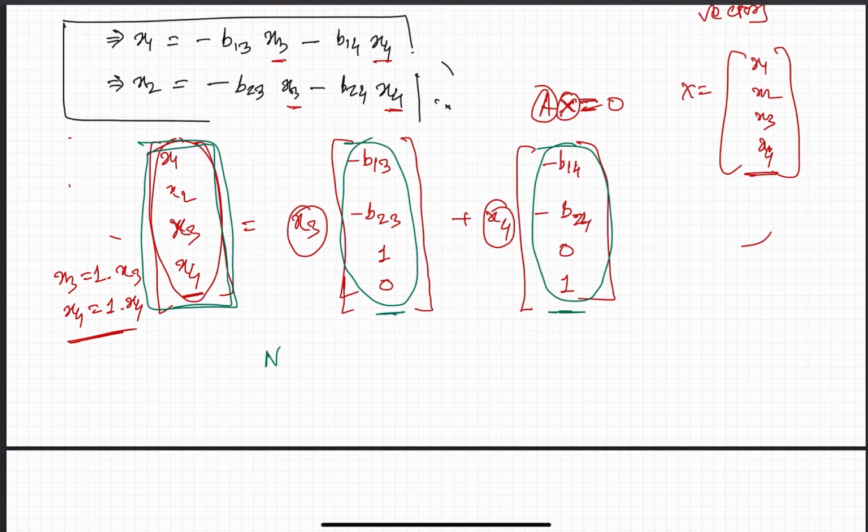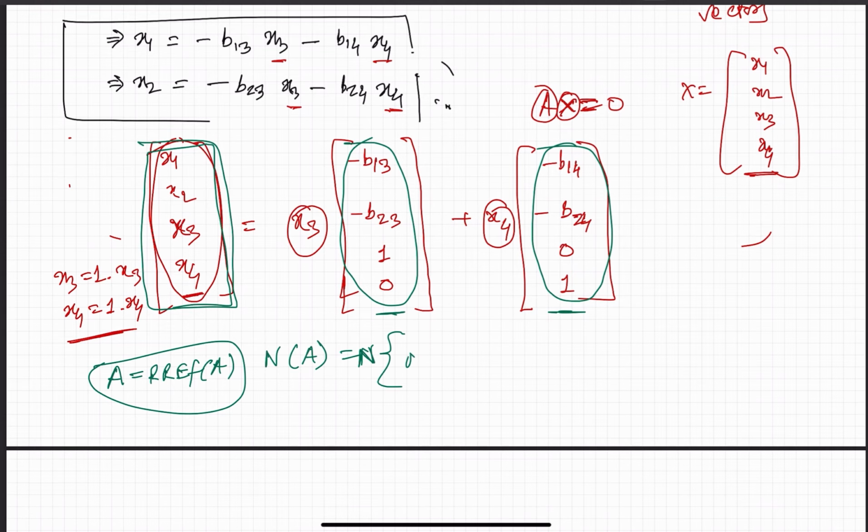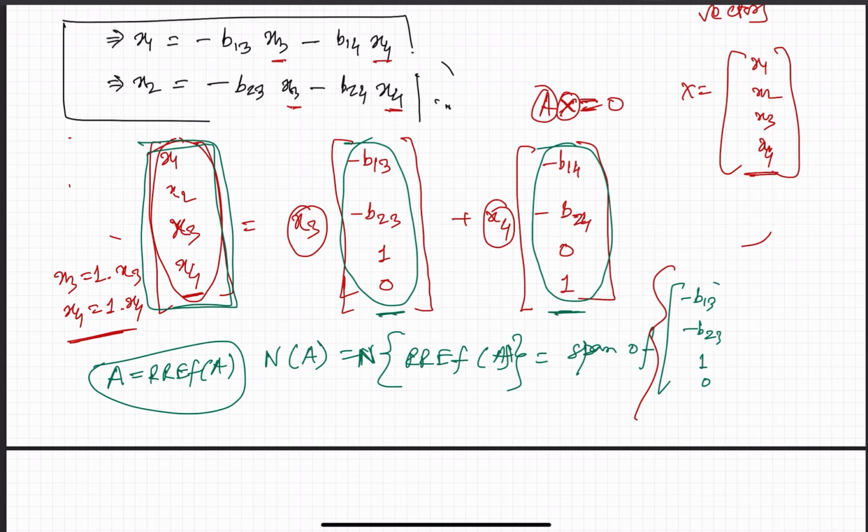So we can write that, as I mentioned earlier, the A matrix has the same null space as the reduced row echelon form of A. So the null space of A, which is equal to the null space of the reduced row echelon form of A, would be the span of these two vectors, this vector and minus b1.